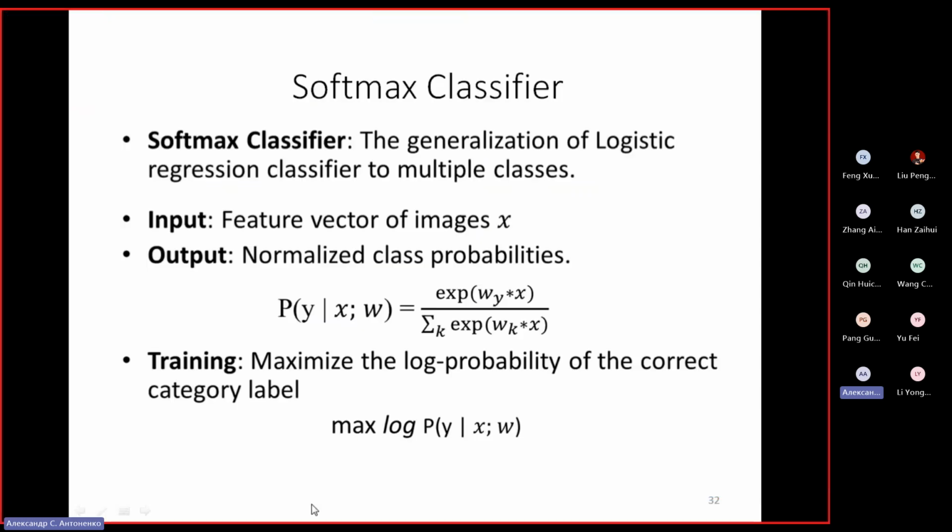If we take different numbers, then we can use the softmax classifier to obtain the probability that some object X belongs to category Y.